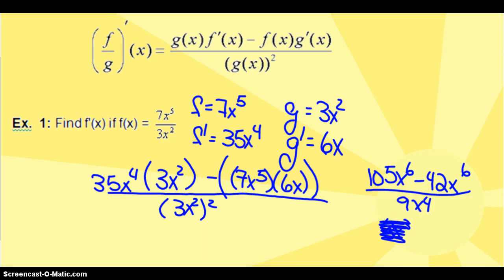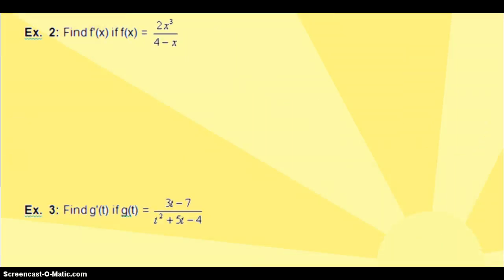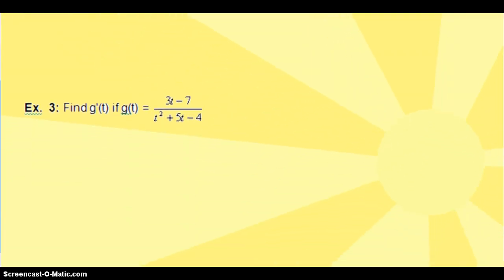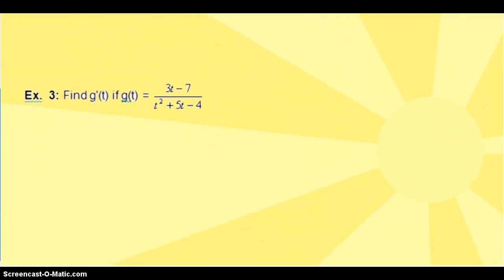Let's just make that prettier. 63x to the sixth over 9x to the fourth is 7x squared when I subtract the exponents. Again, because it was monomials, you were able to see that that was going to work using the power rule. So then, let's have you try number 2, and we will go through number 3 together.